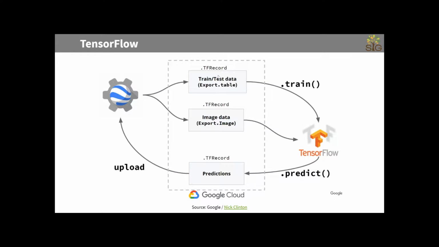So now, okay, we have Google Earth Engine, right? The first step, we export that as a TensorFlow record. So what is a TensorFlow record? Because of the high computational requirements to build and train a model, a TensorFlow record is just a different format for your table and image data.